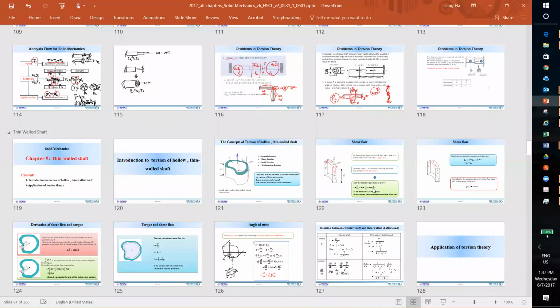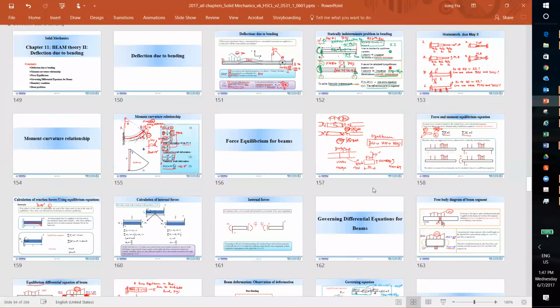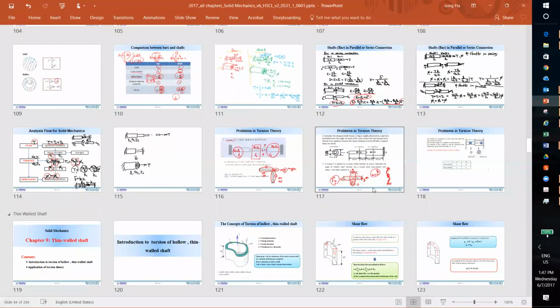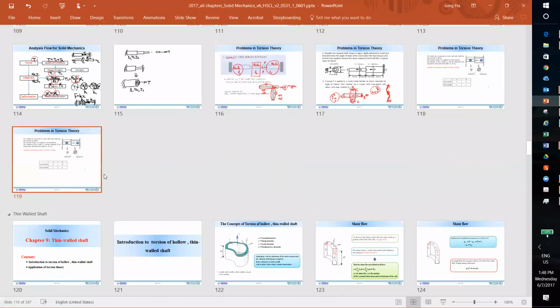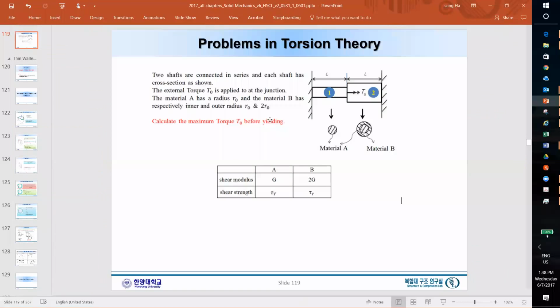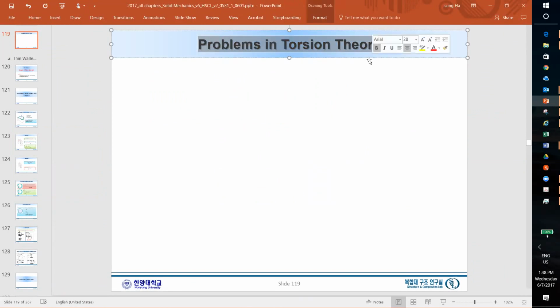I will write down here the final exam details for the first semester of 2007.